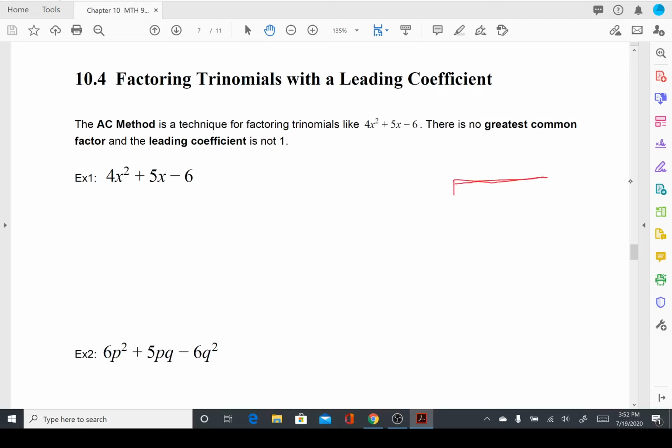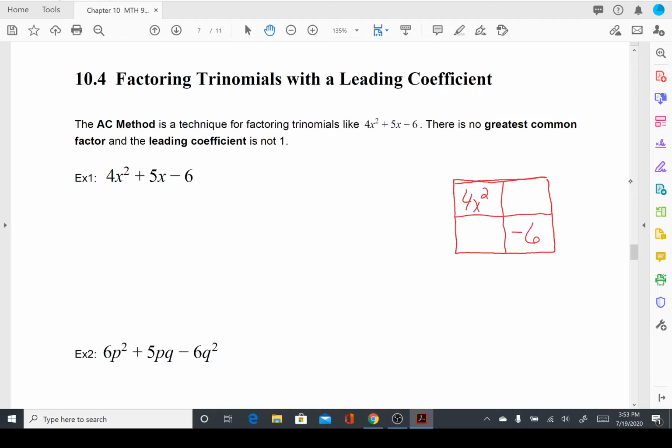So what it does is it allows you to fill out this box that we've been working with a little bit more quickly without guessing. So we know that the 4x goes here, and we know that the negative 6 goes here.